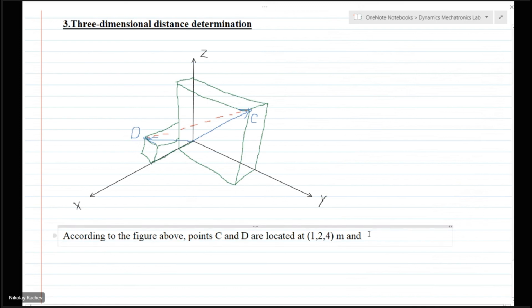Okay, let us continue. And 2, minus 1 meters respectively.